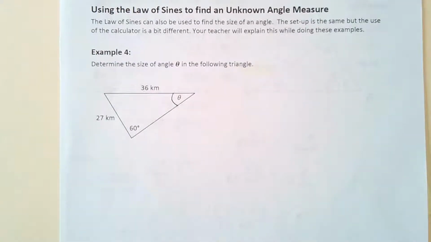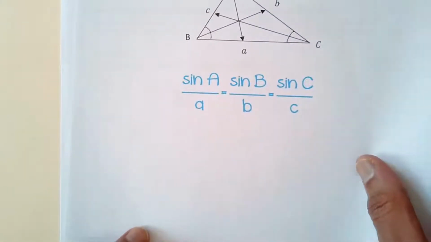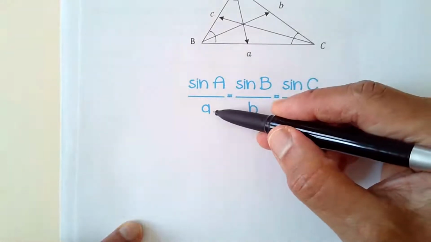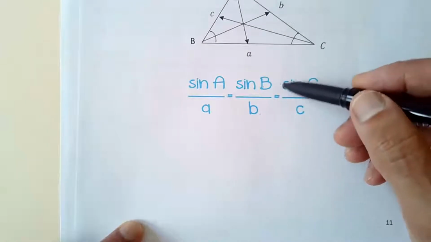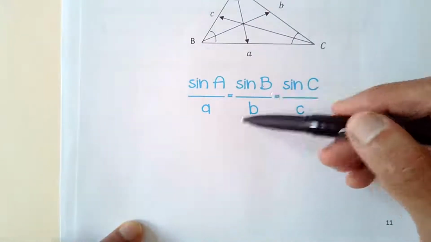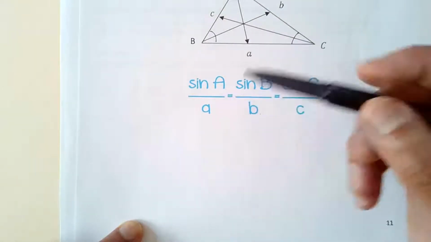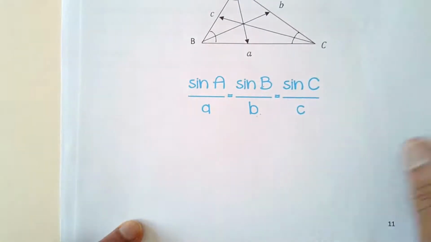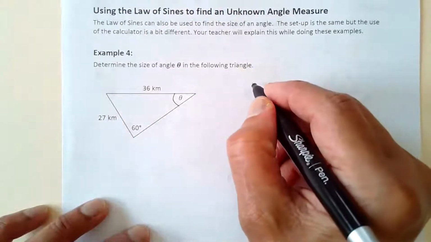Now, refer to our sine law equation. You have sine angle A over side A, sine angle B over side B. We don't need to use the third one. You just need 2 equivalent ratios. In this case, we use sine angle A over A, sine angle B over B. So we will write that down here.